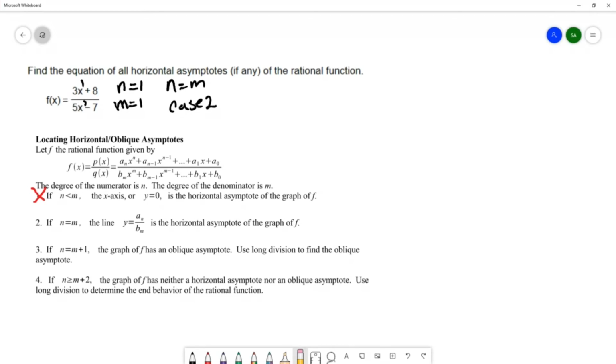We call those the leading coefficients. So y equals a sub n over b sub m is y equals the ratio of the leading coefficients. We do have a horizontal asymptote for this example, and it is y equals 3 over 5, the ratio, meaning fraction, of those leading coefficients, 3 and 5.